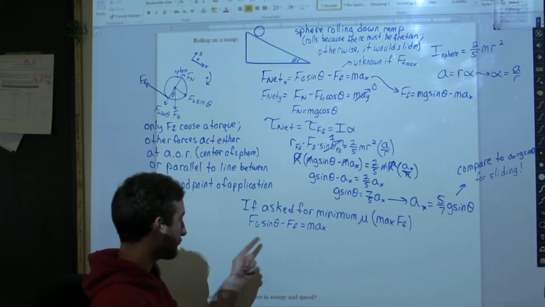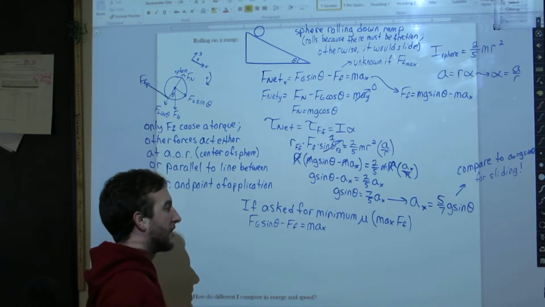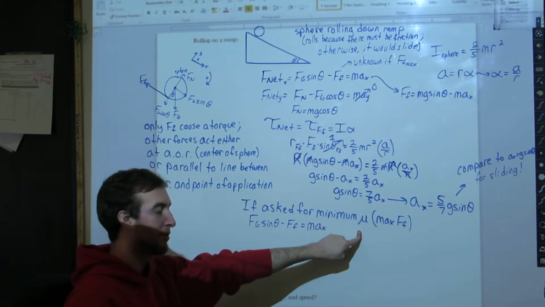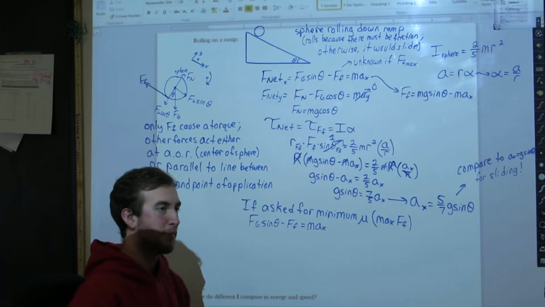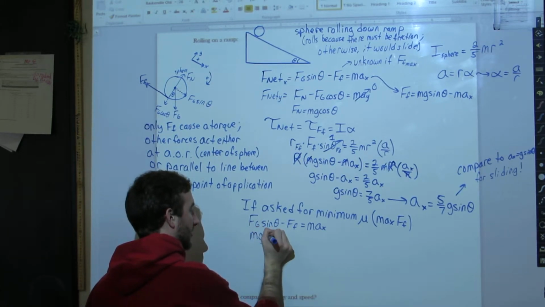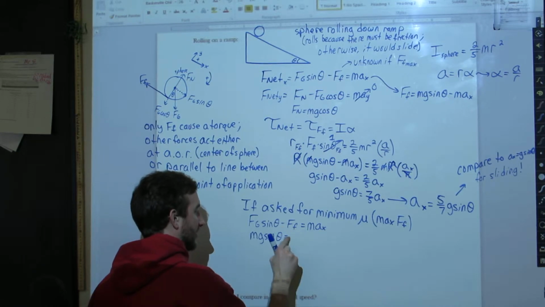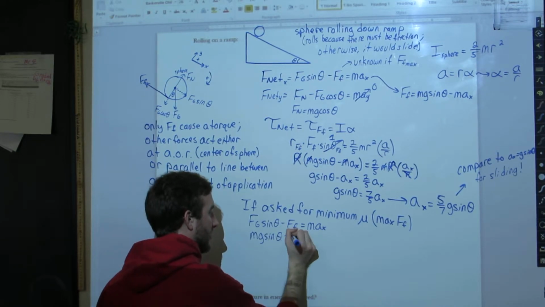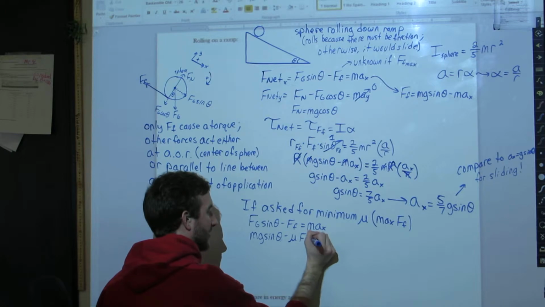If I know that the condition is minimum mu, that means I can use the maximum force of static friction. And I know an equation for that. I know that's mu Fn.